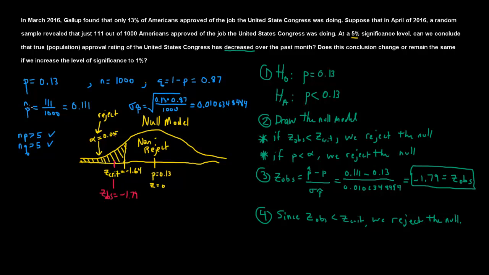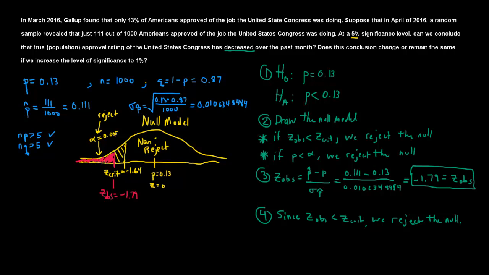Well, that probability, and I'll shade it for you, is this: everything to the left of our observed z-value. So what is this pink shaded area? Well, how do you figure that out? Using your chart in the back of your book, or you could use your calculator.